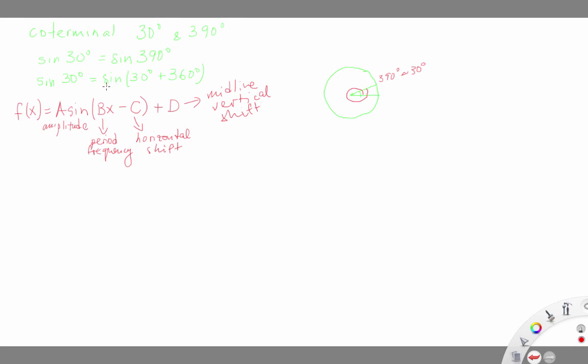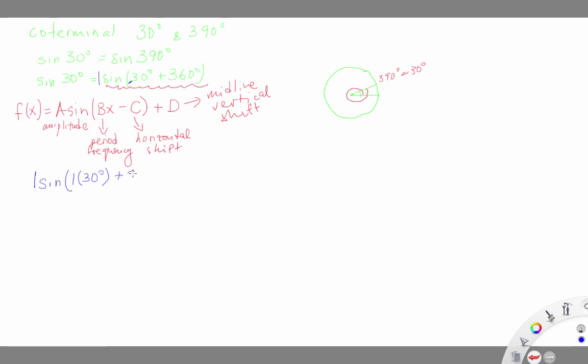Well, now let's look at this expression and try to translate it into our general function. Our amplitude in this case is not existent, that's why we can put a 1 here. So our amplitude equals 1. And then we have sine. There's no period really, so our period again is 1. And our x is equal to 30 degrees, that's our input.